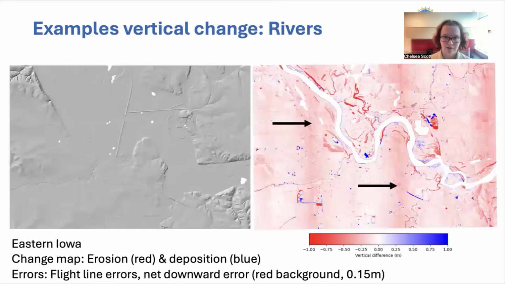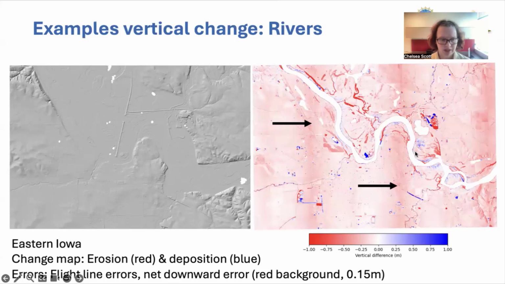This is another example, looking at rivers in eastern Iowa, and vertical differencing is really useful for looking at erosion and deposition. Again, erosion in red and deposition in blue.